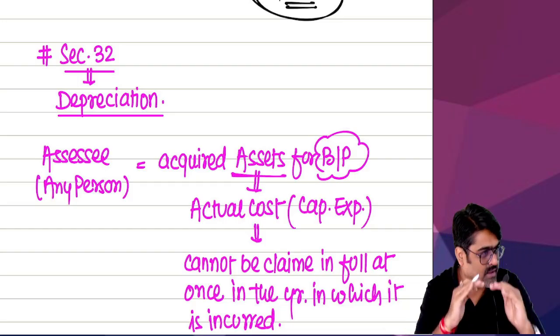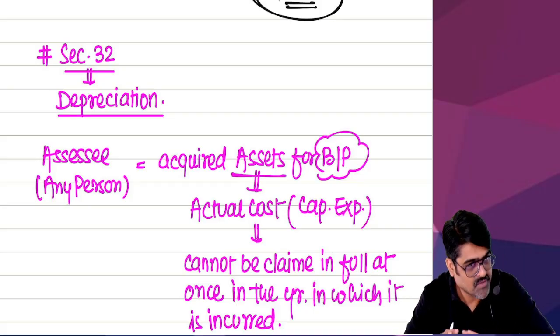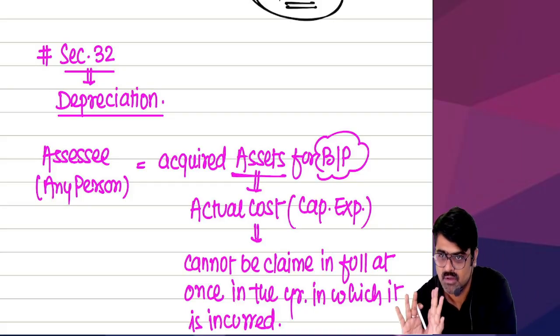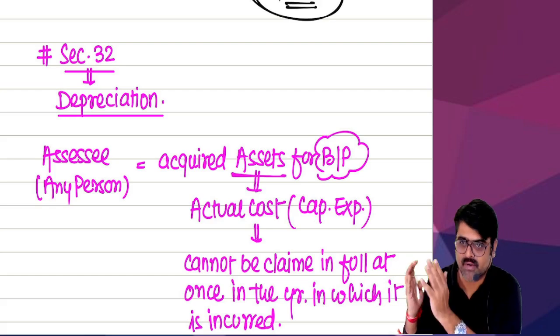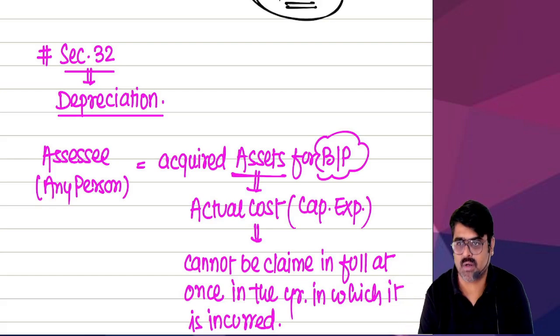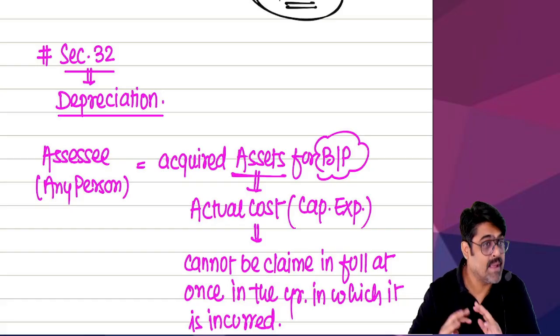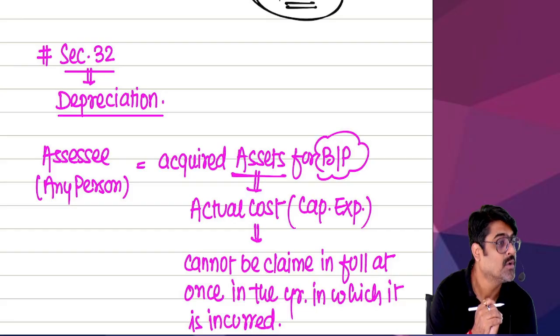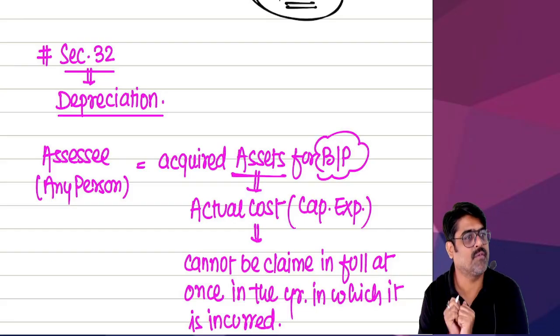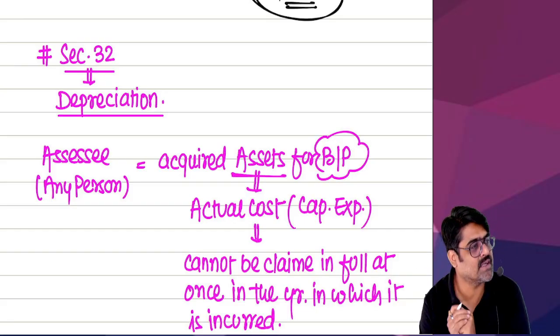And if your business income is coming down, definitely your tax will also come down. So claiming the deduction for depreciation is beneficial for you or not? So would you like to take the benefit of claiming the depreciation?